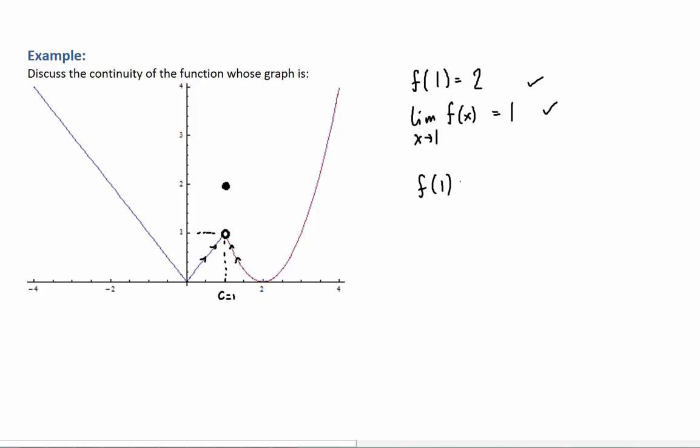There we go. So f at 1 is not the same as the limit as x goes to 1 of f of x. So here is the third condition for continuity that fails. So since one of them fails, the function is not continuous. So f is not continuous at x equals 1.